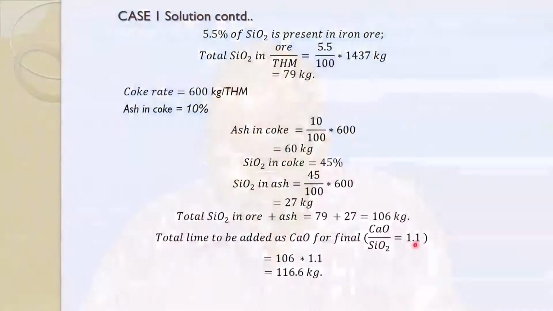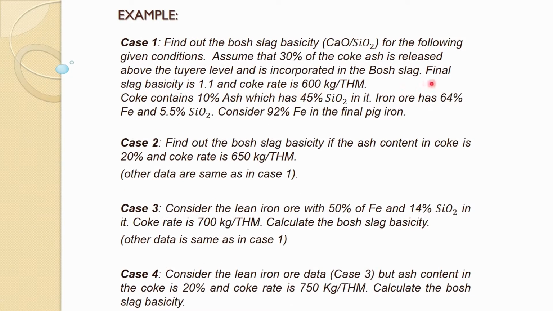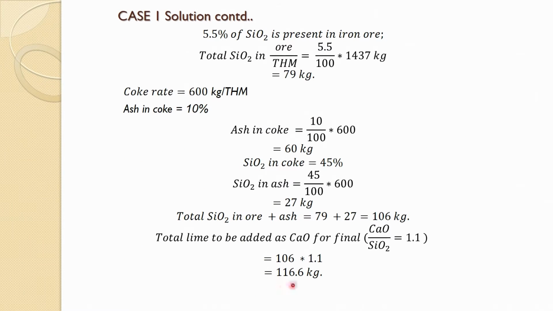So, CaO to SiO2 ratio equals 1.1. With this basicity, SiO2 we already know is 106. So, we can calculate the lime requirement. Total lime required is about 116.6 kg in order to get 1.1 basicity. Remember, the final slag basicity is 1.1. Based on that this has been calculated.